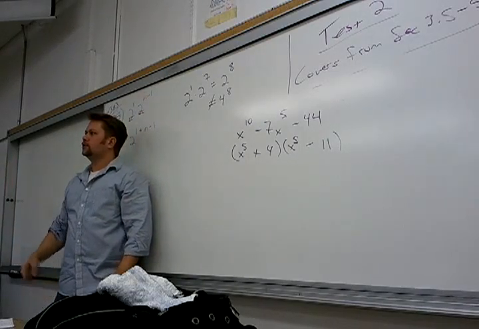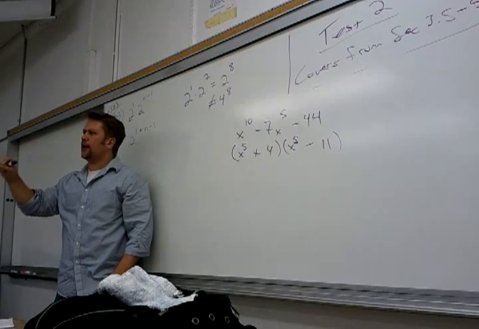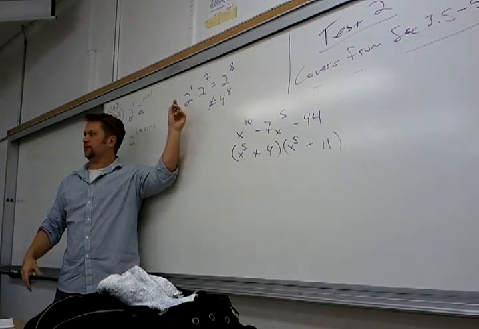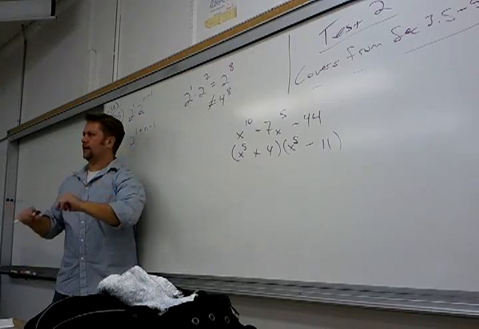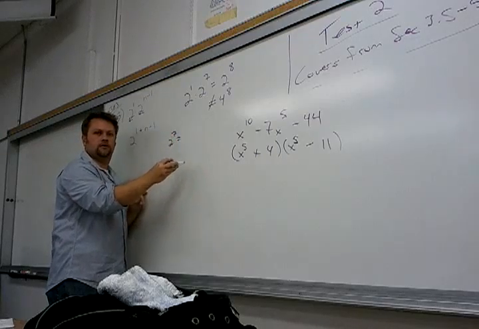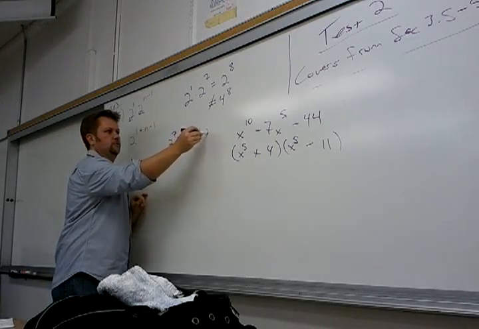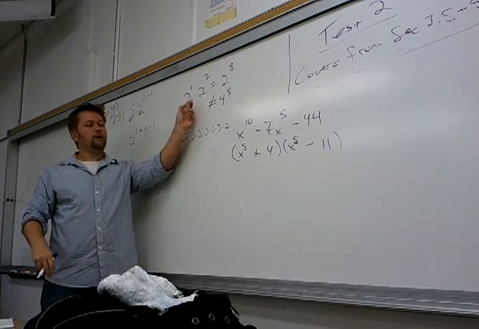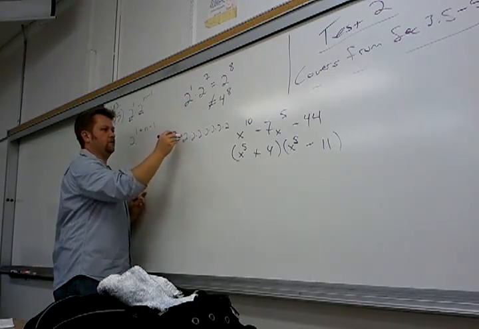So the exponents are keeping track of how many of these I have to multiply eventually. Have I multiplied anything yet? No. In fact, what does 2 to the 7th mean? 2 times 2 times 2 times 2 times 2 times 2 times 2, right? So when I multiply by 1 more 2, I'm just tacking on 1 more 2.